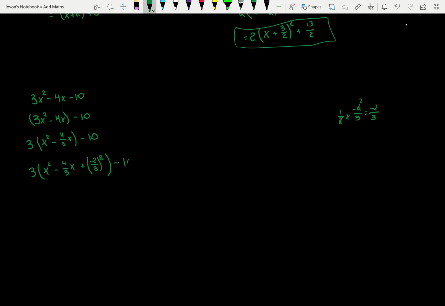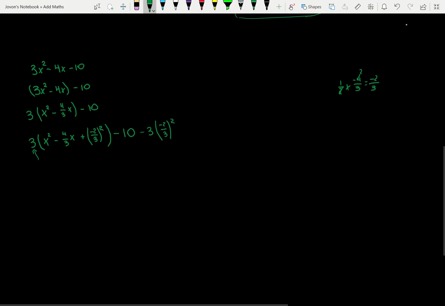Minus 10. And remember, whatever we added on inside, we have to subtract it outside. So it becomes minus 3, from this 3. So minus, remember the outside term, which is 3, multiplied by minus 2 over 3 all squared.